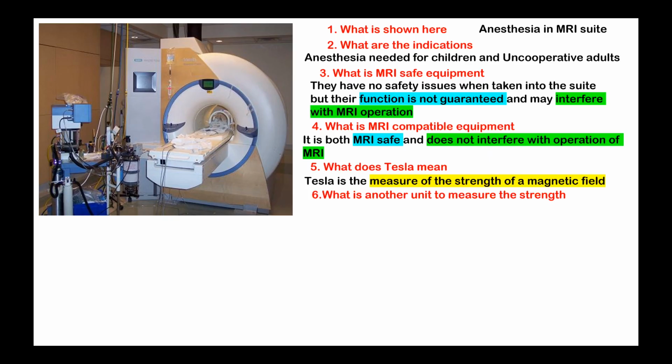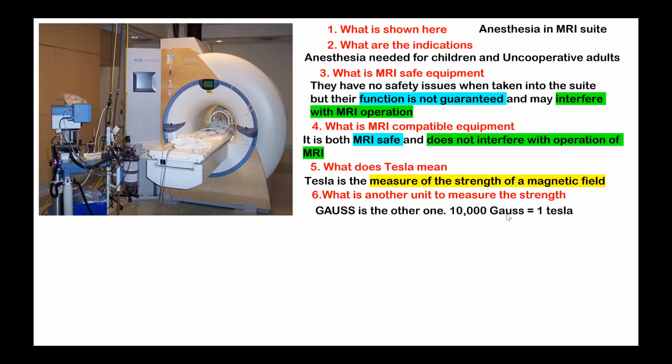Is there another unit? Have you ever gone into an MRI lab? Yes, sir. Is there a line drawn where you have to stop without going near the gantry? Yes, sir. What is that line called? It's called the 50 gauss line. Okay, gauss is the other unit of measurement.